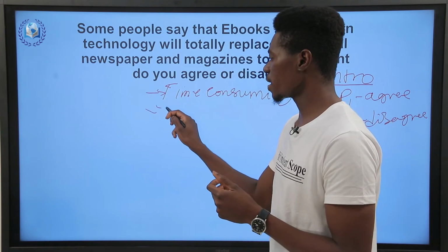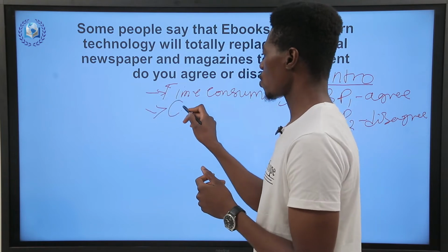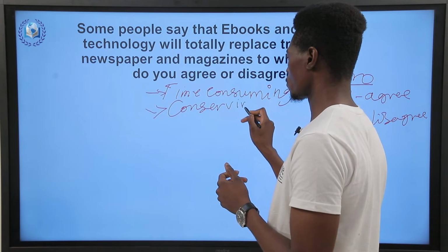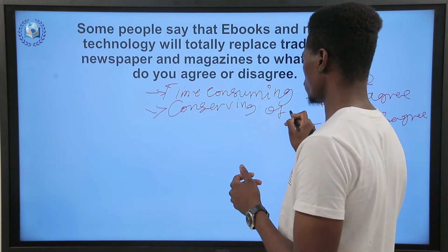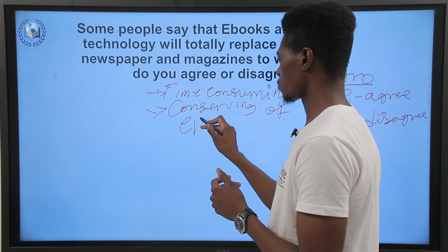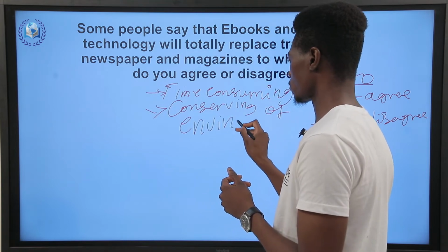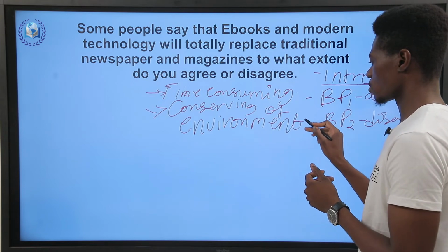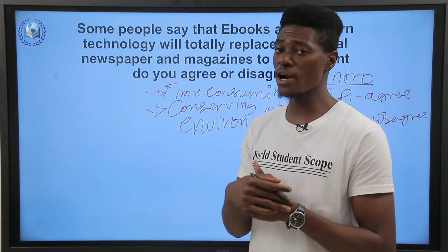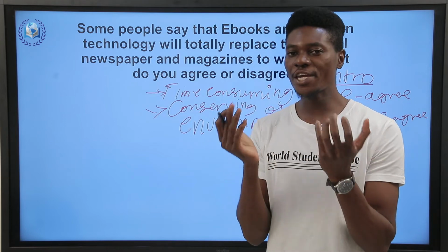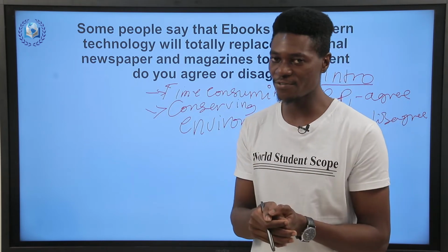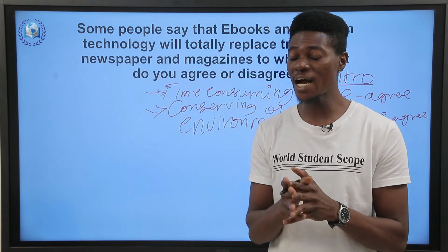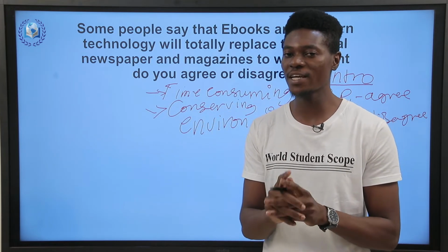Another one, we can say conserving the environment. It means we keep our environment safe. We keep our environment a good place for better living of different kinds of races.